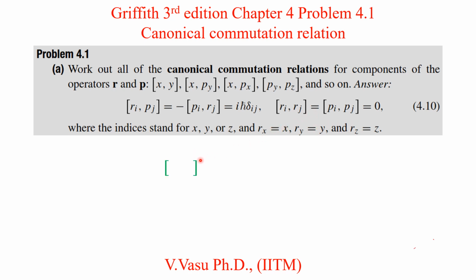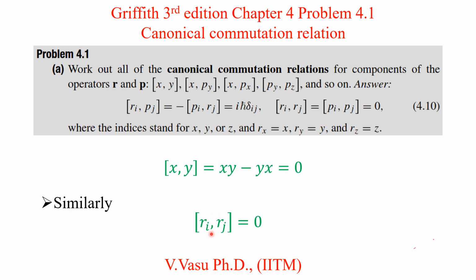First, you take the commutation relation between x and y. So this is equal to xy minus yx. Both are real numbers, so it will become 0. Similarly, we can write it for the other components also, x, y, z.